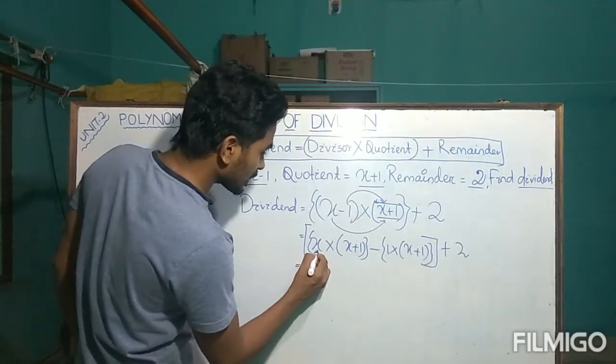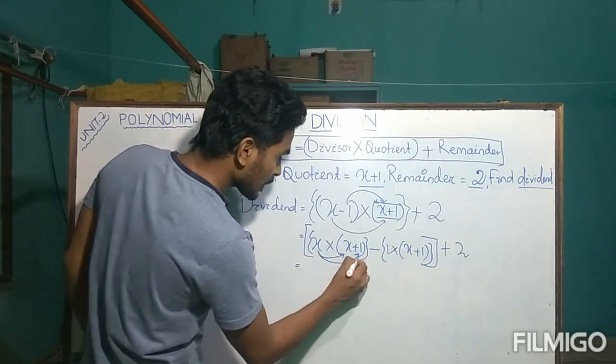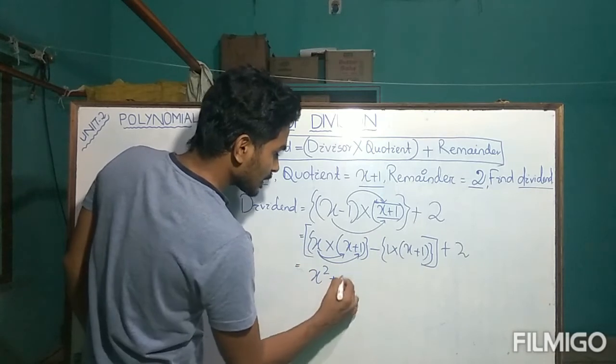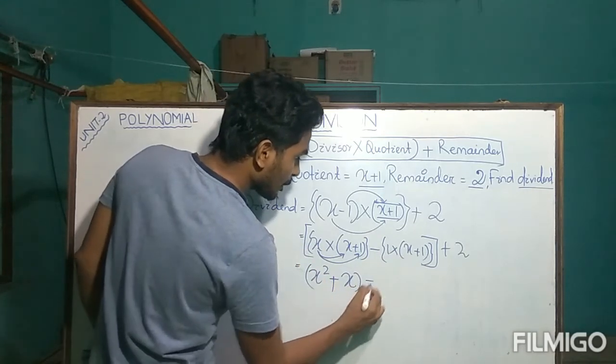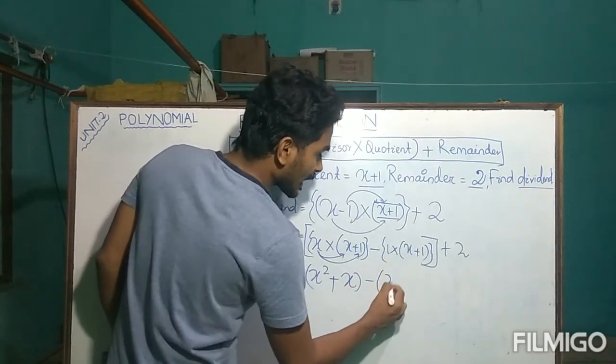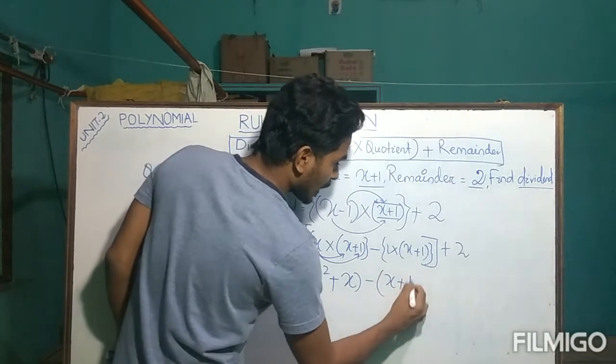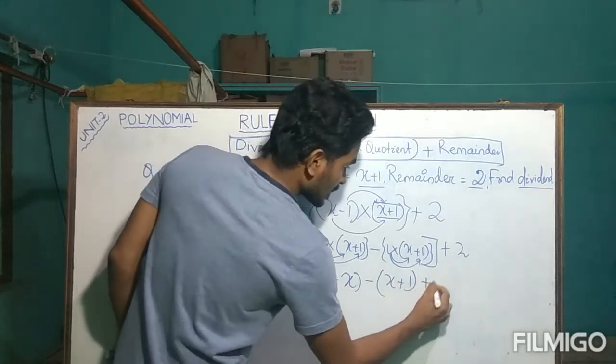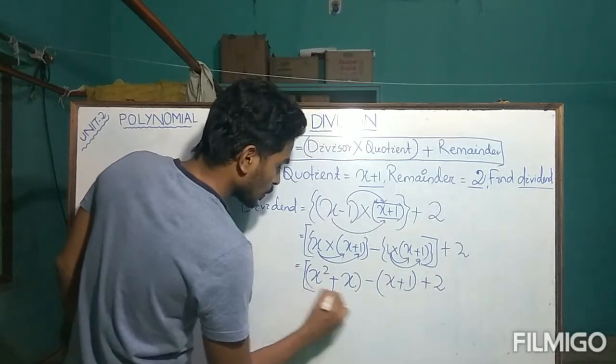Now multiplication, again using the distributive law: x into x is x square, plus x into 1 is x, minus 1 into x is x, plus 1 into 1 is 1, then plus 2.